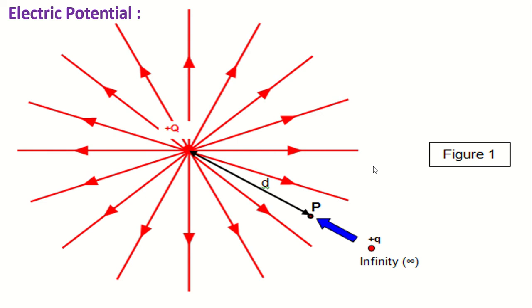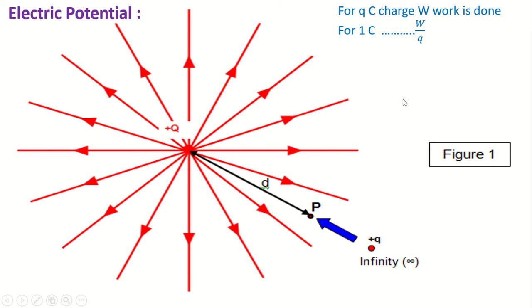So look, for Q charge, W work is done, then for unit charge, that means for 1 coulomb charge, W by Q work is done.